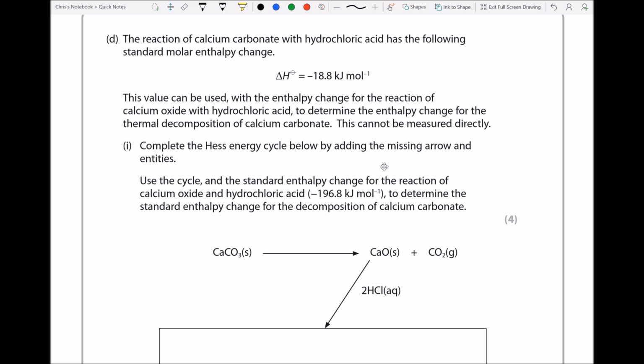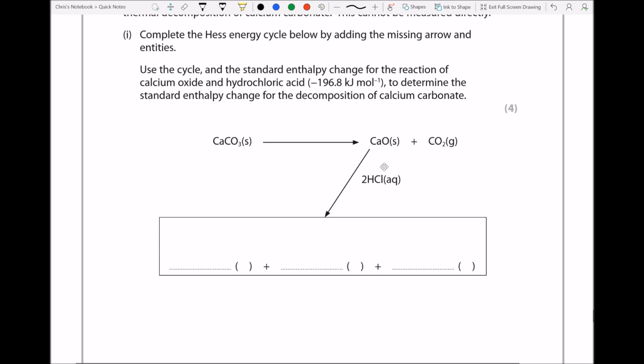This cannot be measured directly, so we have to use a Hess cycle. Complete the Hess's energy cycle below by adding the missing arrow and entities. Use the cycle and the standard enthalpy change for the reaction of calcium oxide and hydrochloric acid, which is minus 196.8 kilojoules per mole, to determine the standard enthalpy change for the decomposition of calcium carbonate. There's a load of stuff to do here.